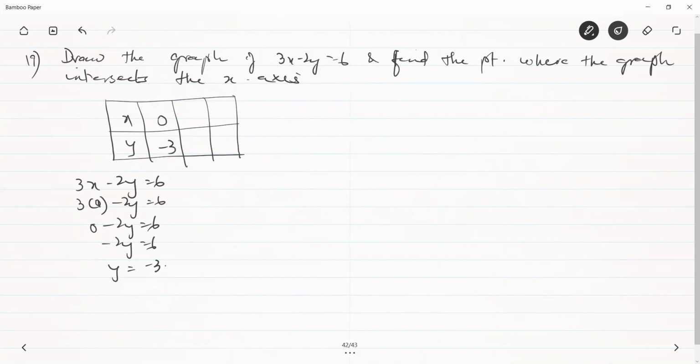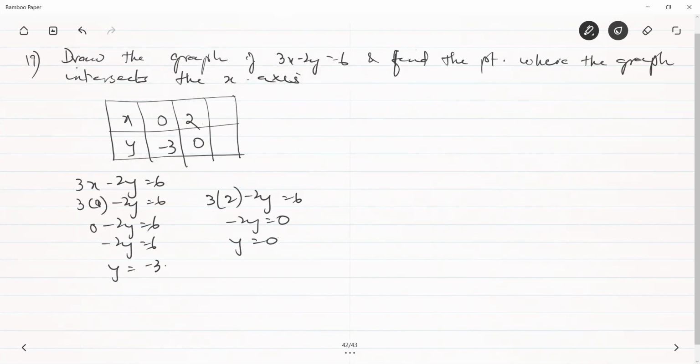Okay. Now you will have to find another number. You can take x as 2. If you take x as 2, what will you get? 3 into 2 minus 2y is equal to 6. So minus 2y is equal to 6 minus 6, so the 6 and 6 get cancelled and it will be 0. So y will be equal to 0.